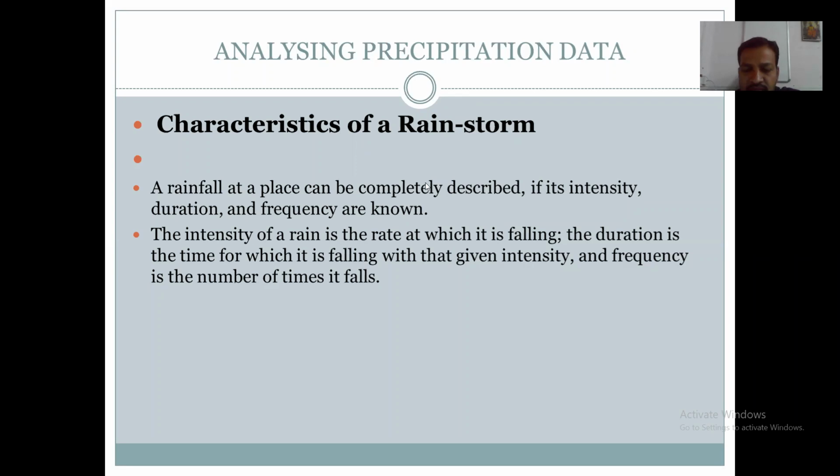And the duration of the rainfall is calculated. Duration is the time for which it is falling with a given intensity. For a particular duration, for a given time, how much is the intensity of rainfall at a particular rain gauge station. That is the duration of the rainfall. And frequency is the number of times it falls. What is the frequency of rainfall?